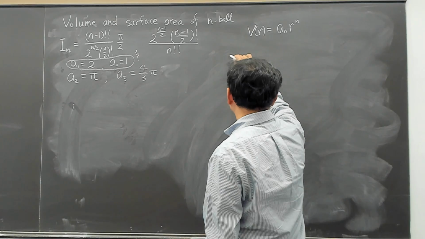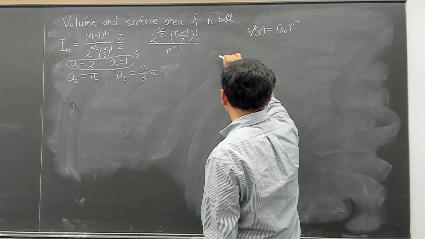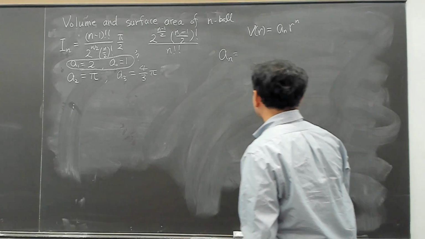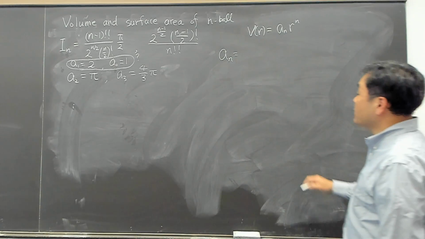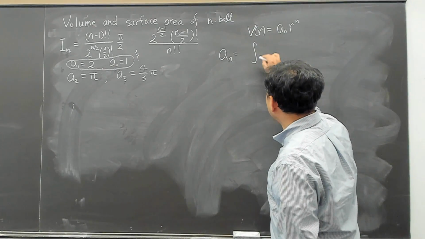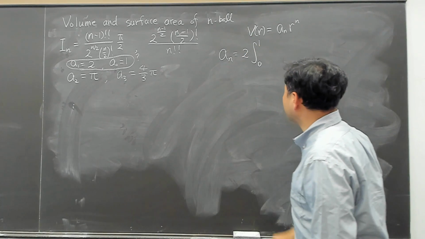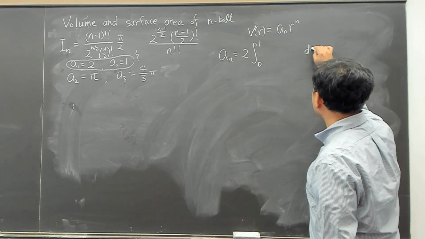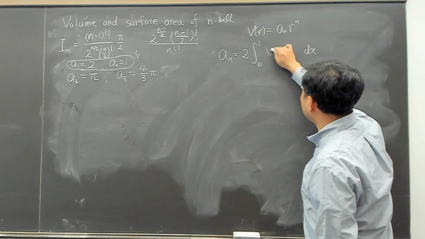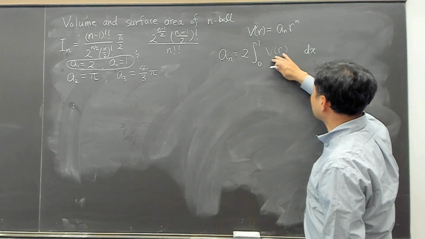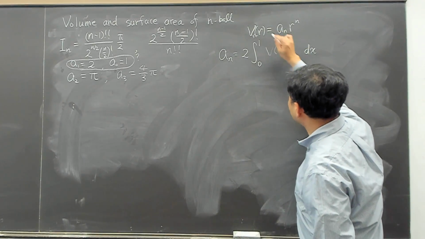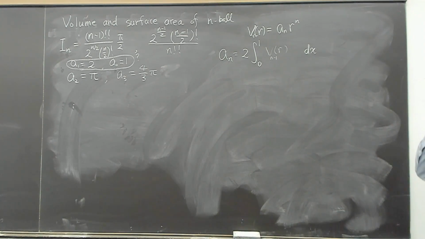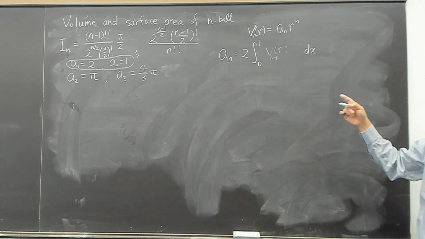Well, you have to say that A sub n is given by integrating from -1 to 1, but we're going to use that trick of doubling the integral from 0 to 1, and we're going to do dx, where I'm putting V n here because, sorry, this should be V n. It will be a ball with dimension 1 less, so it will be n minus 1.